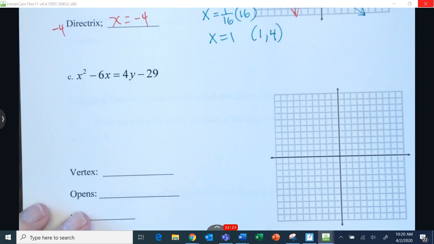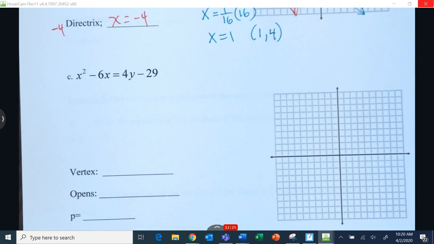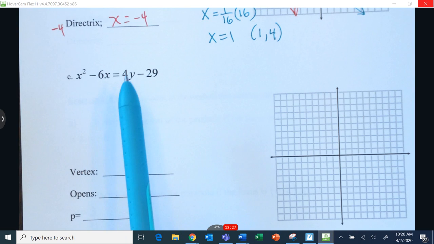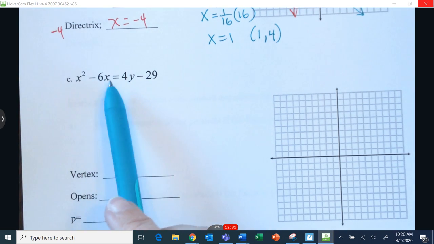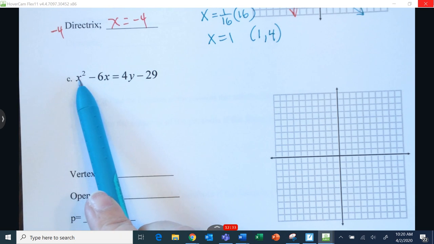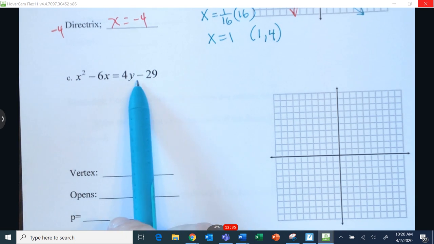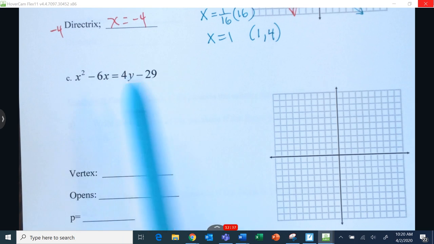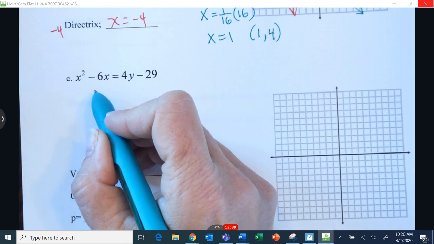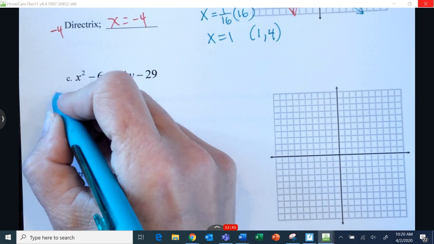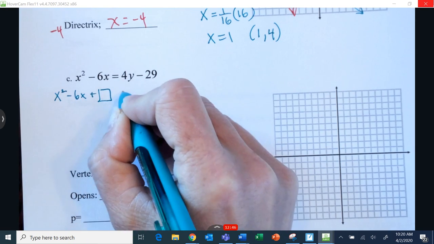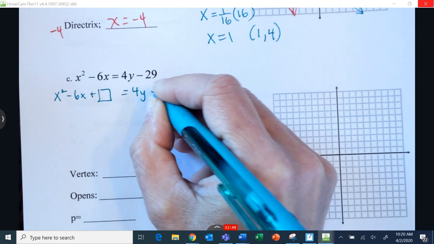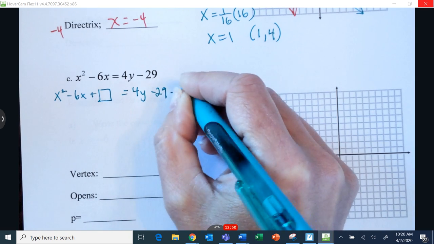All right, question C is not in vertex form, so we have to look carefully. I notice that y is to the first power and there's no other y's. x here is to the first power, but x is also to the second power. So this is the kind where I'm going to solve for y. So with the x's, we need to complete the square. We have x squared minus 6x plus a square equals 4y minus 29 plus a square.